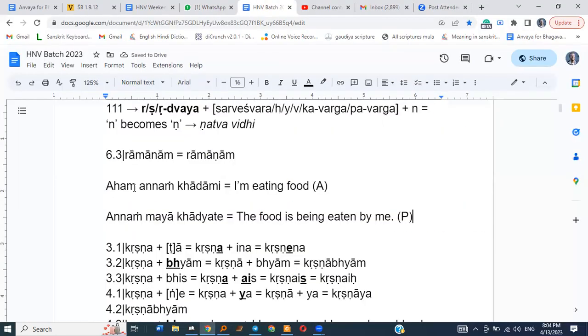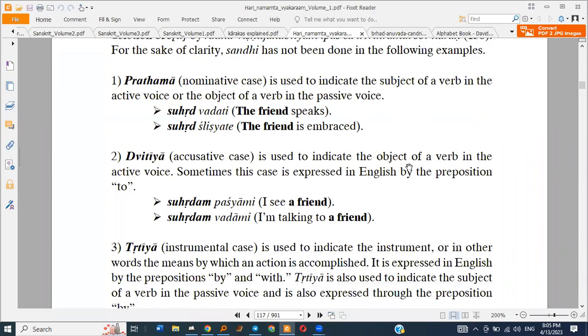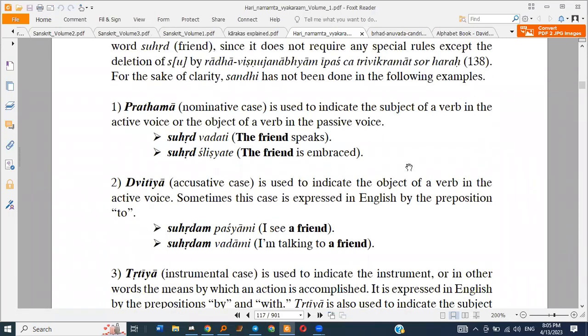Or let's say Krishna, like that. Active voice and passive voice in Sanskrit as well. So that was Prathama, the first case.